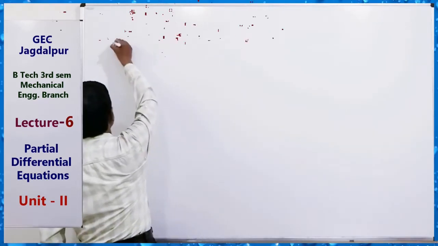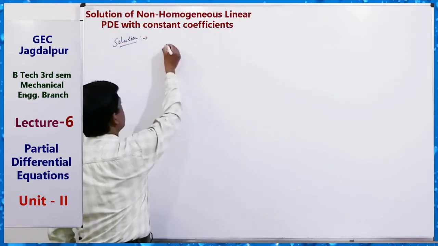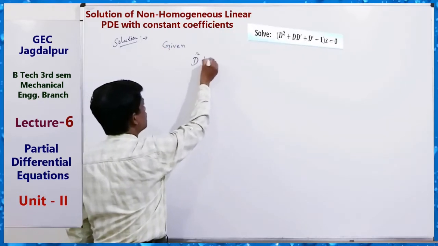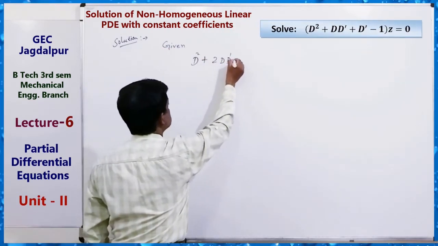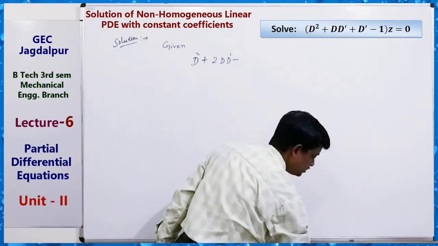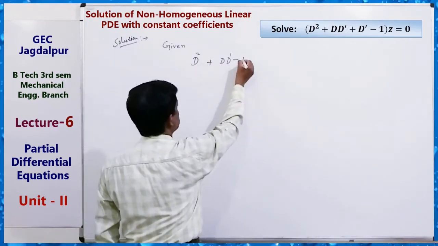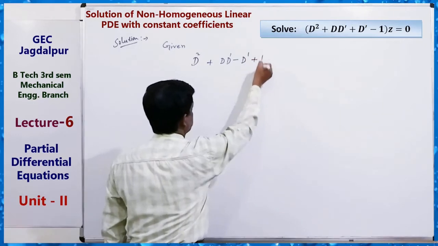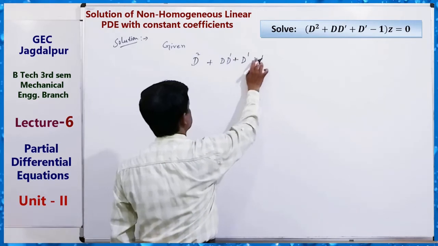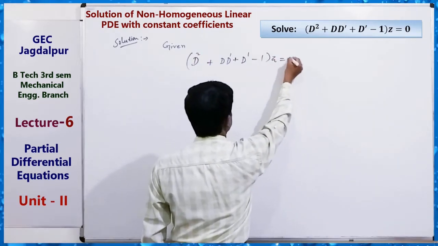First question, solution. Given, solve D² + 2DD' + D'² ... D² + DD' − D' + 1 ... plus D' − 1 ... This is equal to 0.